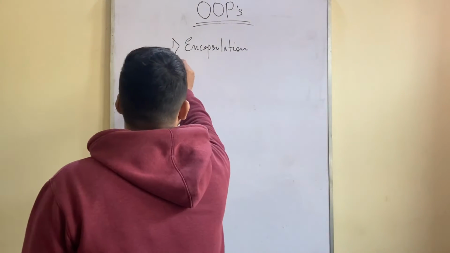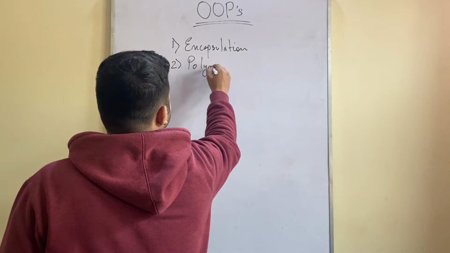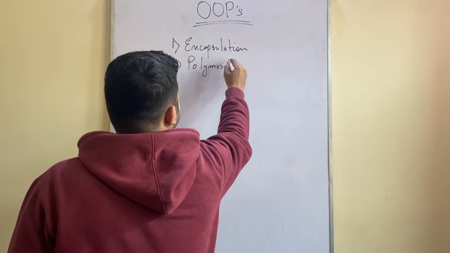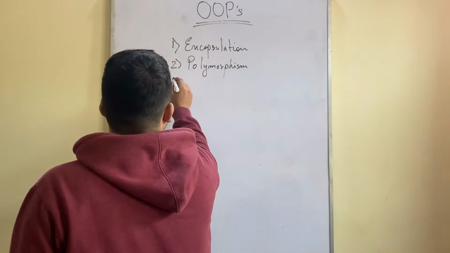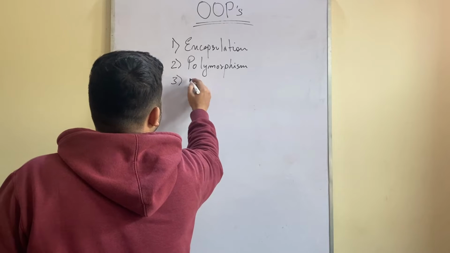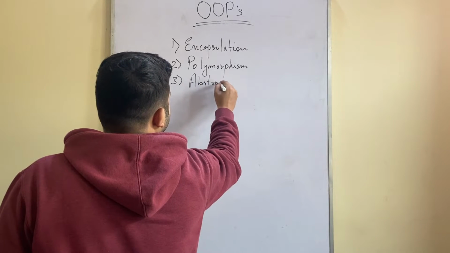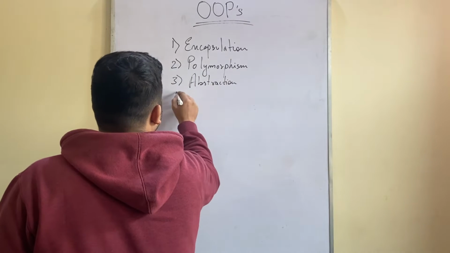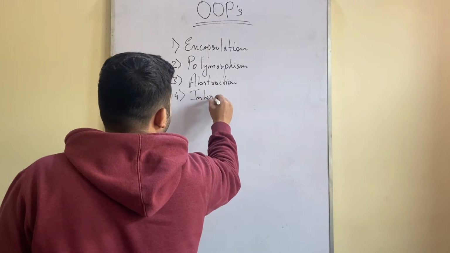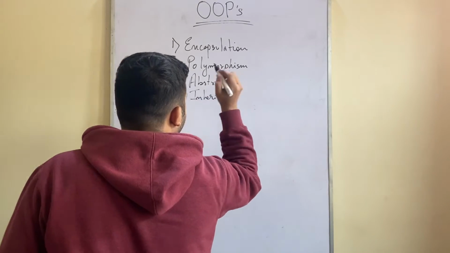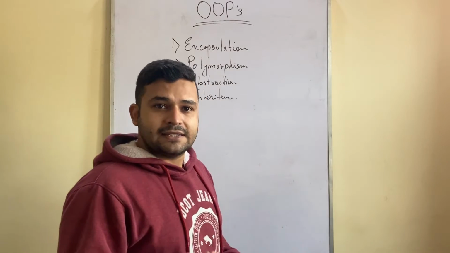The second one is polymorphism. Going further, we have abstraction, and at last we have inheritance.